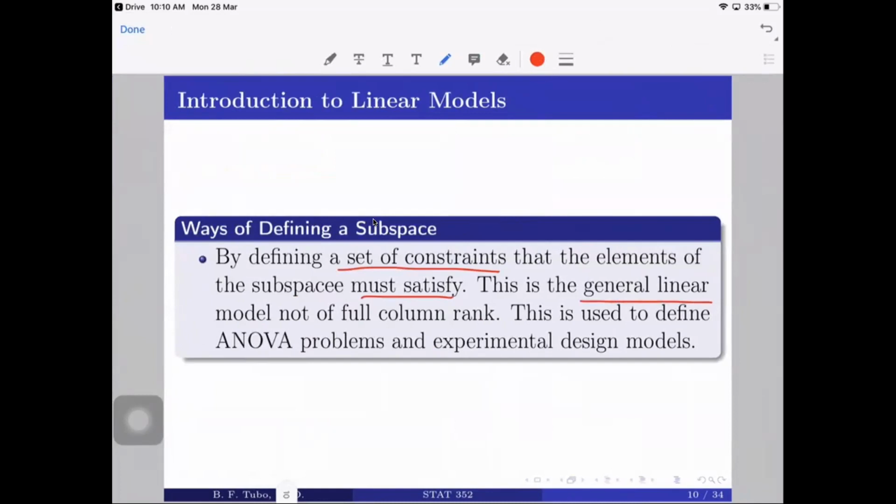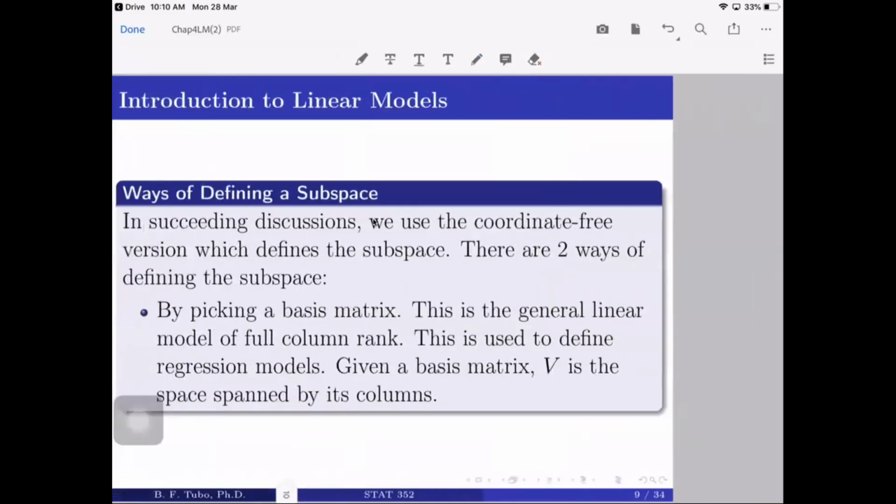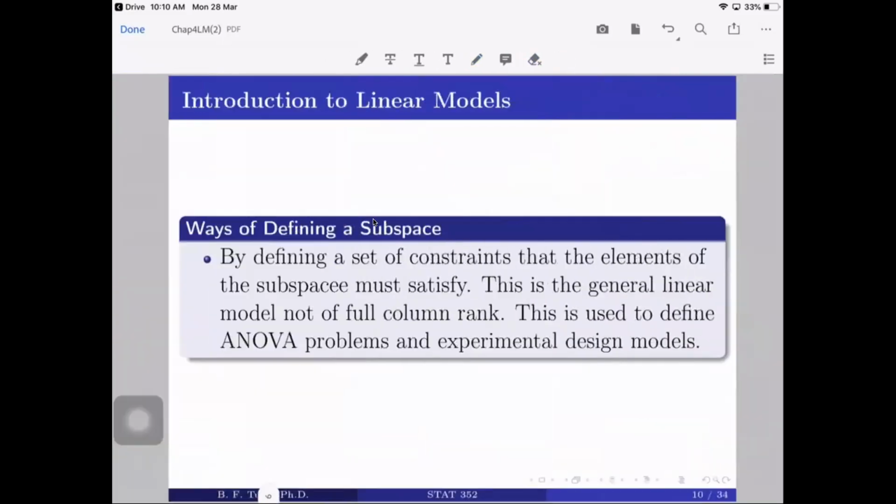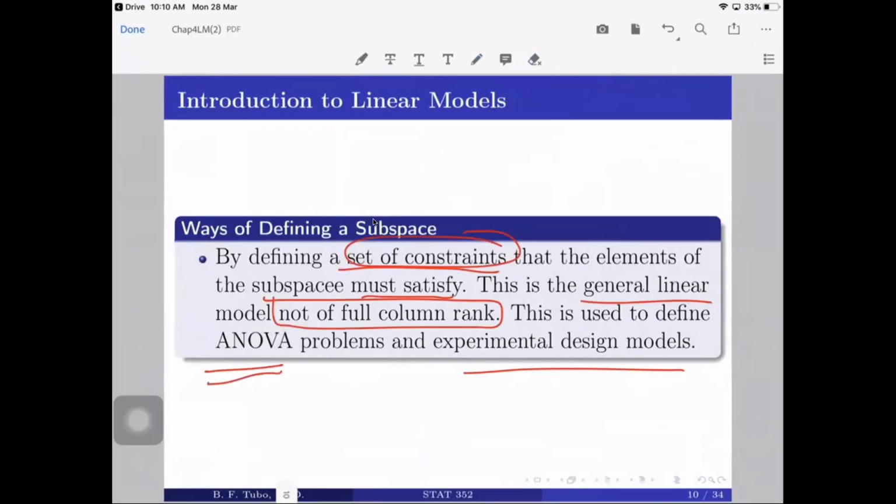This type of general linear model, usually when you set some constraints, is used whenever your matrix X is not of full rank. Usually we see this problem in ANOVA problems and experimental design models. So the focus of this course is more on the first type of defining your subspaces, wherein you assume that you have a basis matrix. The other is another course, when you have a not full rank.